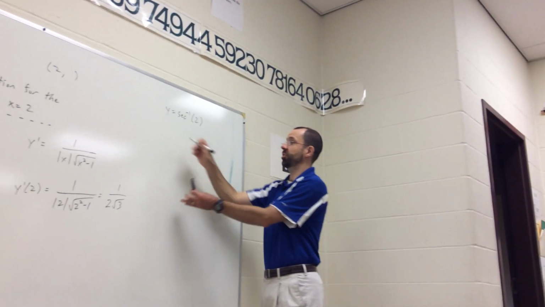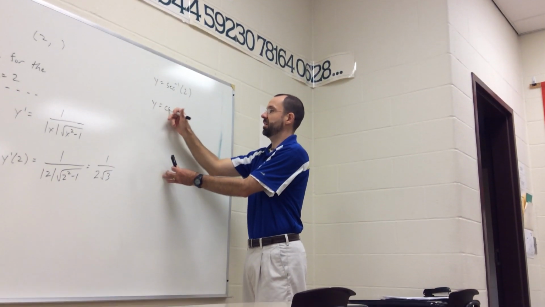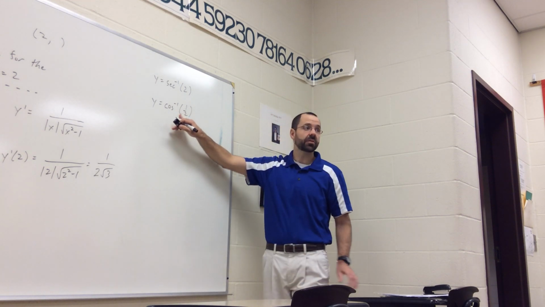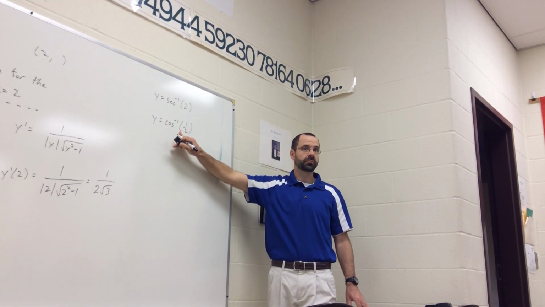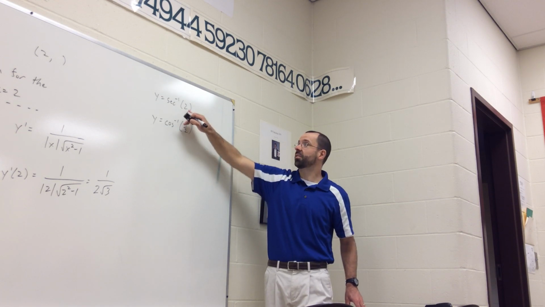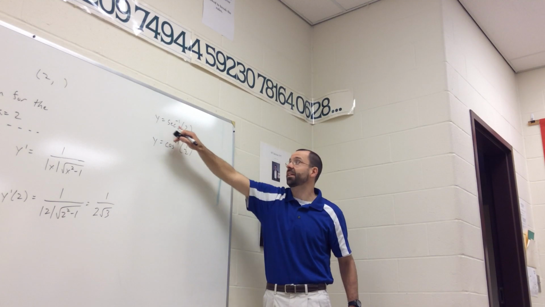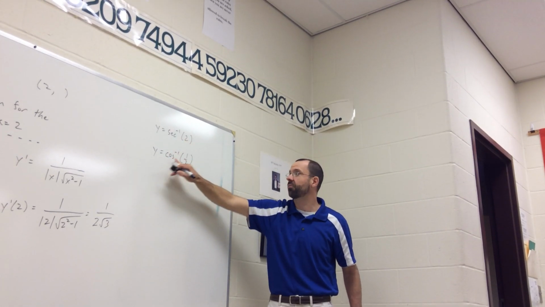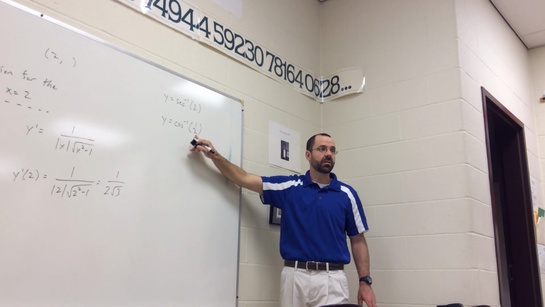So the same question would be y equals the angle that has a cosine of a half. So this is saying the secant fraction is 2, but that's the same thing as saying the cosine fraction is a half. So I'm looking for the angle that has a cosine of a half.